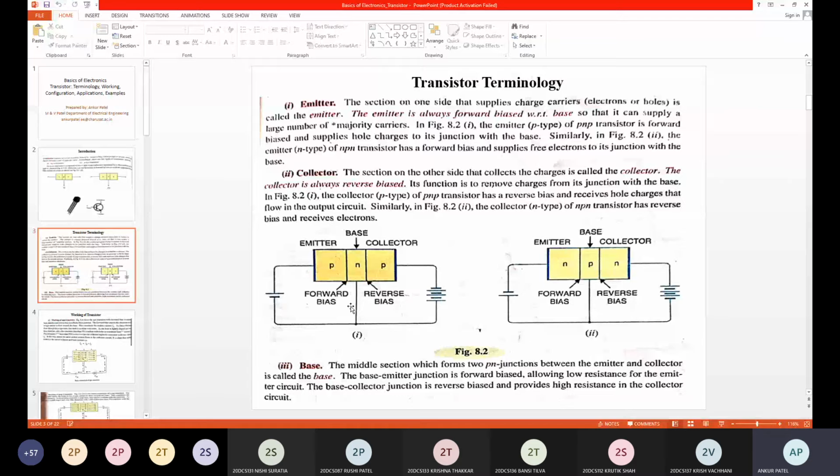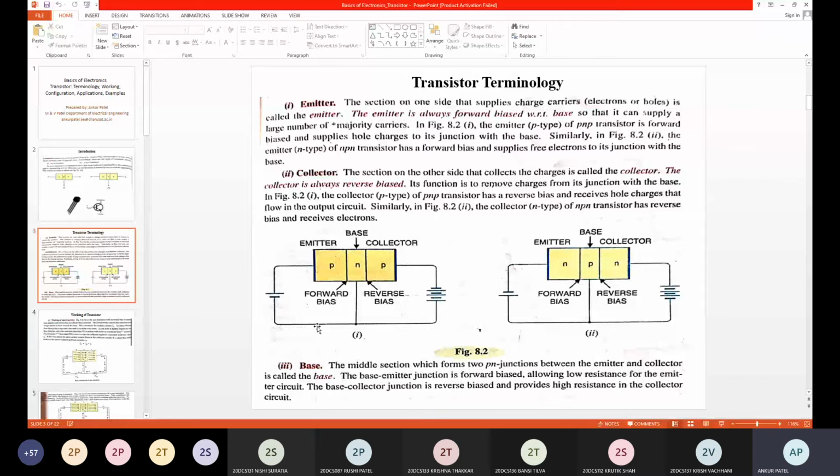So what can we say? The transistor acts as an open switch, because both are in reverse bias. We are getting nothing, so it acts as an open switch in cutoff mode. Cutoff mode means zero value or zero magnitude.